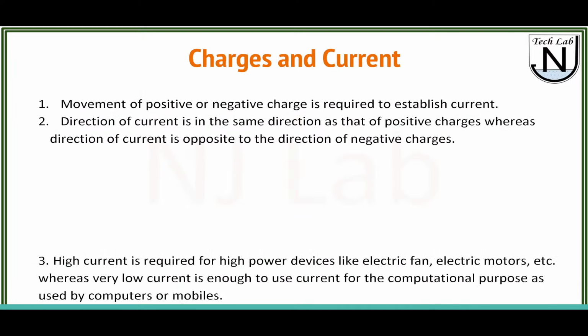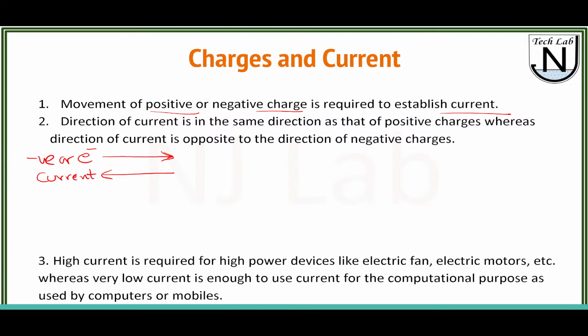Now we all know, from our school time, that current will be there whenever there is a flow of charges, and the charges can be positive charges or negative charges. We also know that if electrons or negative charges flow in this direction, then the direction of the current will be opposite to the flow of electrons.